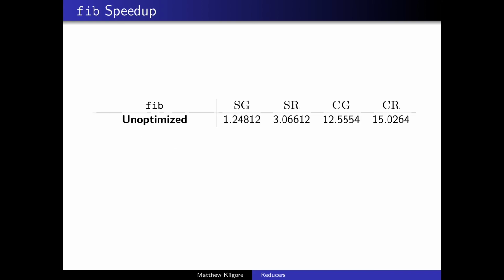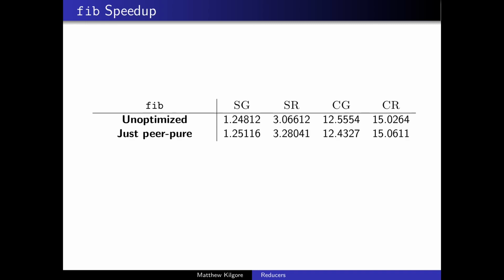So if we run that unoptimized, we get these numbers. The serial reducer introduces about a 2-second overhead, and the Cilk runtime introduces about a 12-second overhead. Cilk plus reducer adds a further 2.5. So the reducer overhead is about constant.